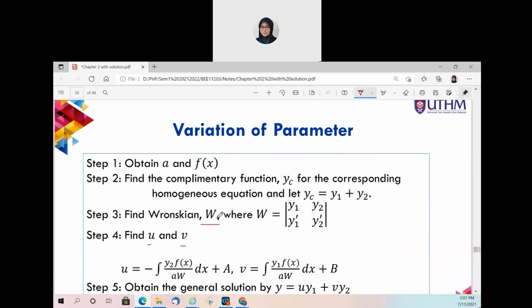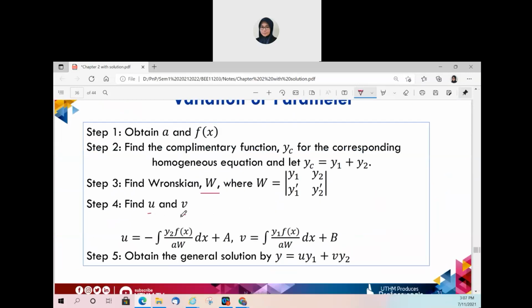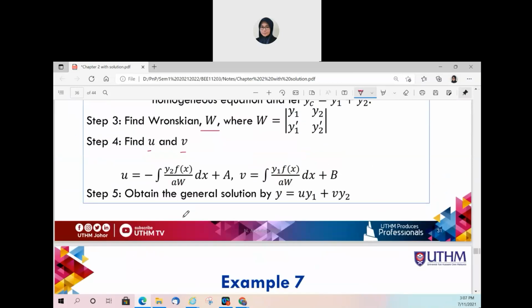Okay, so we already found W. Now we have to find u and v. So to find u, u equals minus integration of y2 fx over aW dx plus a.